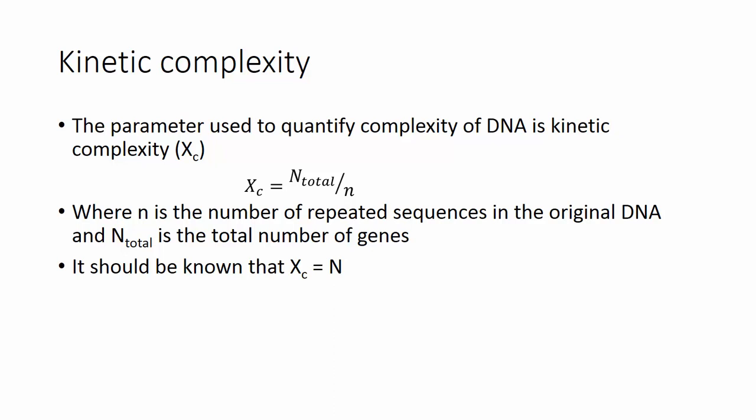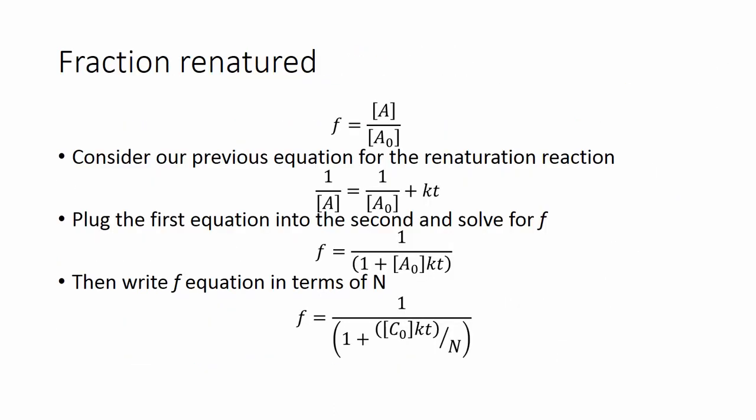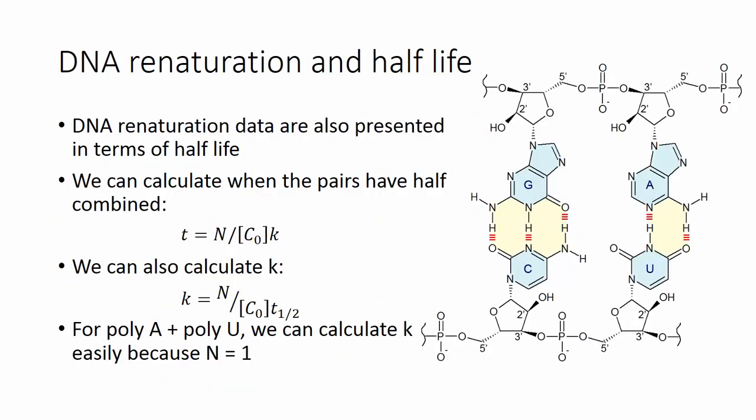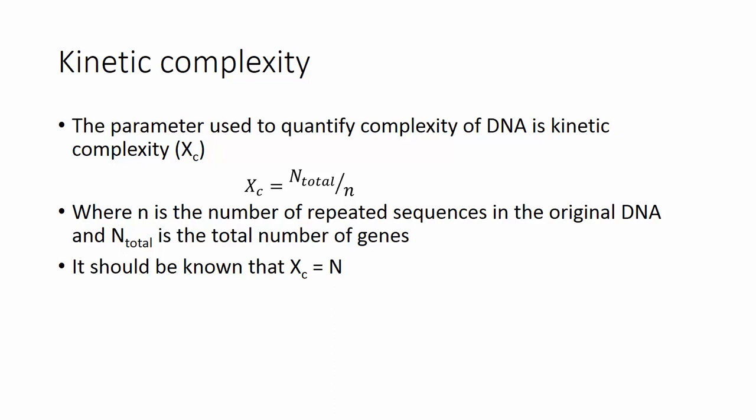It should be obvious that XC, the complexity here, is equal to N. And what is N again? We'll go back to it one more time: N is the number of base pairs between gene A and its redundant copy, if it indeed has one. So that's the kinetic complexity, XC or N, as we know them.